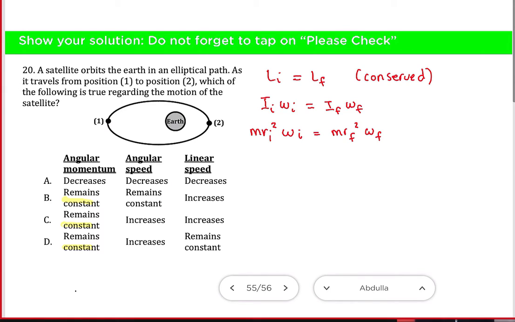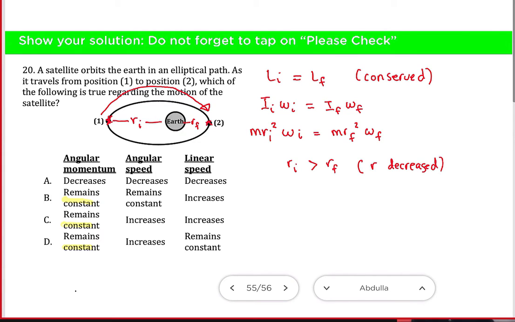Now as the object moves from position 1 to position 2, this is our initial and this is our final. So as the object moves from position 1 to position 2, your radius decreased. So your R1, our initial, is greater than your R final. So in fact, the radius R decreased.